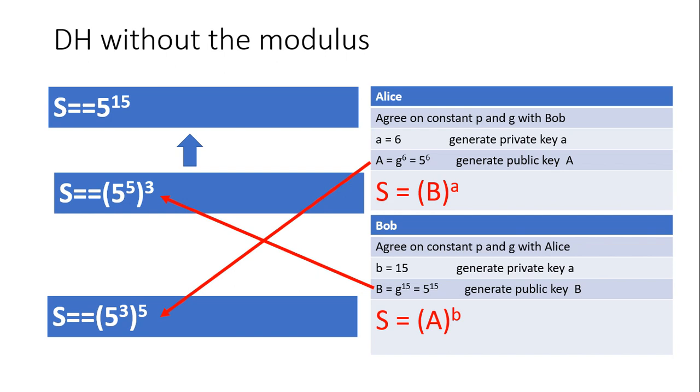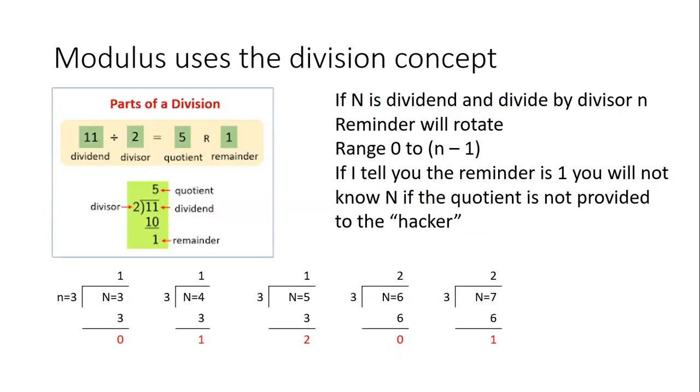Now, for those people that are more inquisitive, I leave this advice for you. The modulus part, as I mentioned, is to scramble the public key so that people cannot reverse the private key from the public key. So what is modulus?